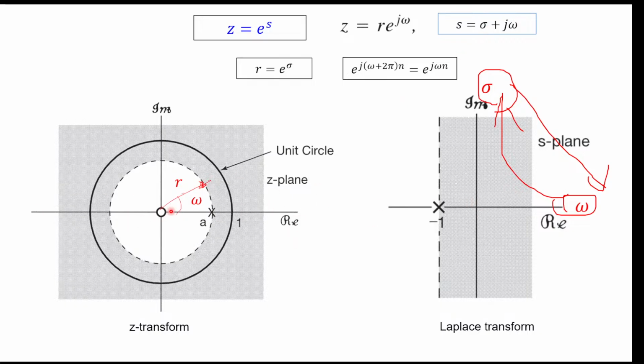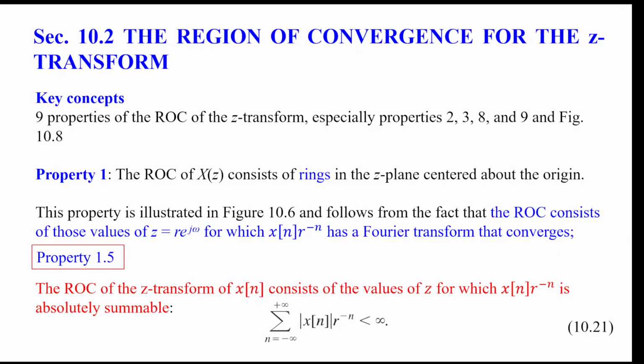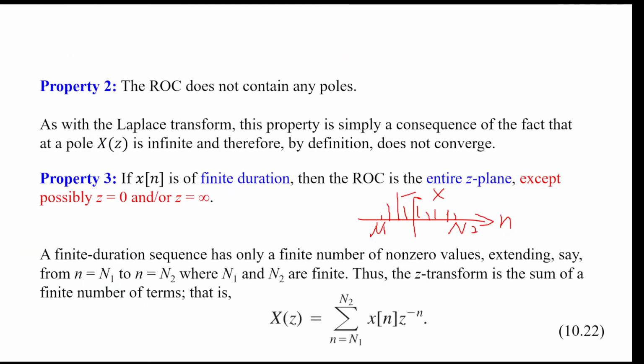Similarly, z equal to infinity corresponds to sigma equal to plus infinity in the S plane. So what I want to say is that z equal to 0 and z equal to infinity are both infinity points in the S plane, and so weird things will happen.